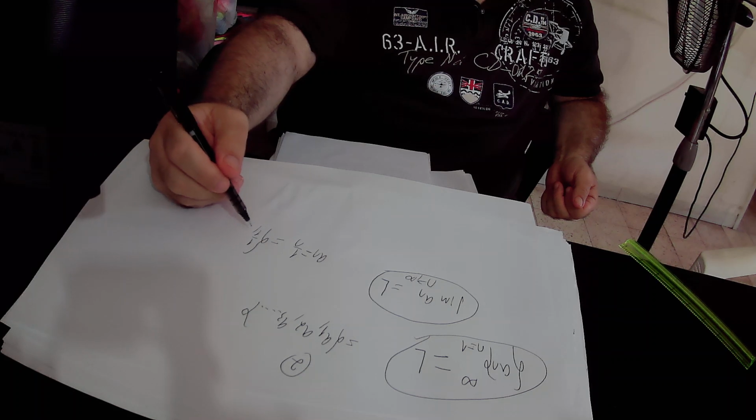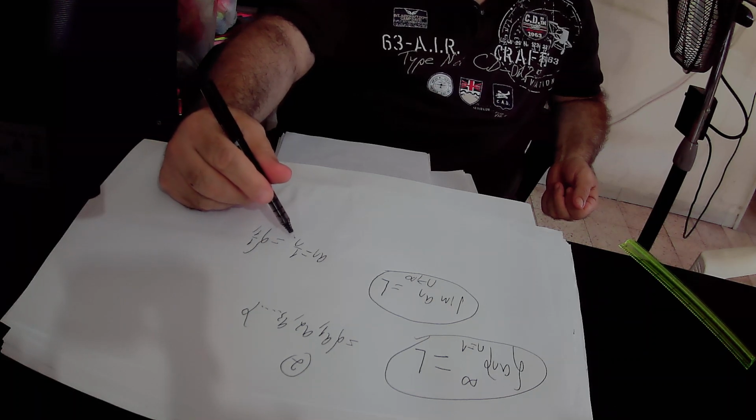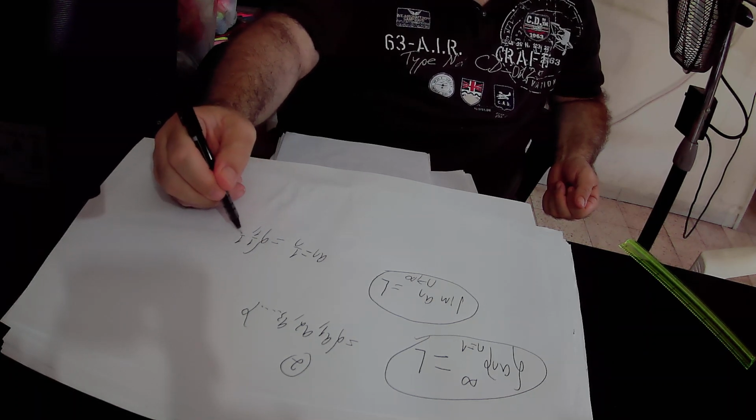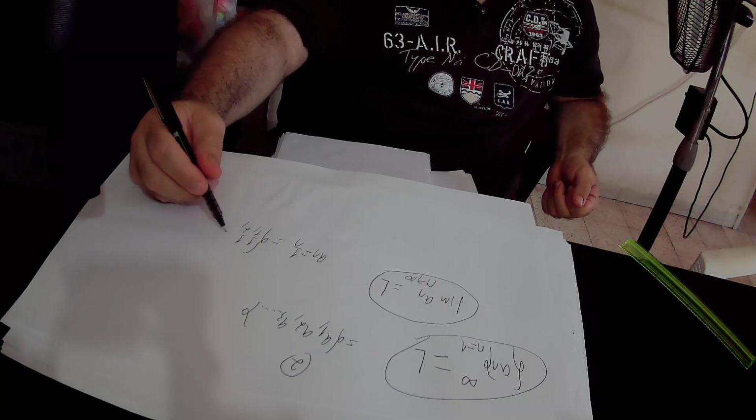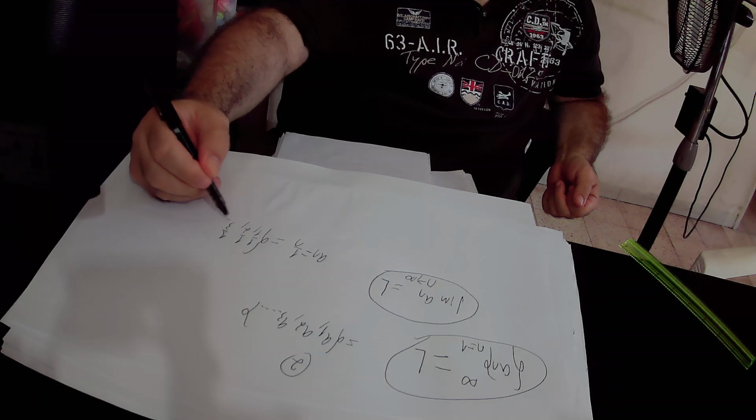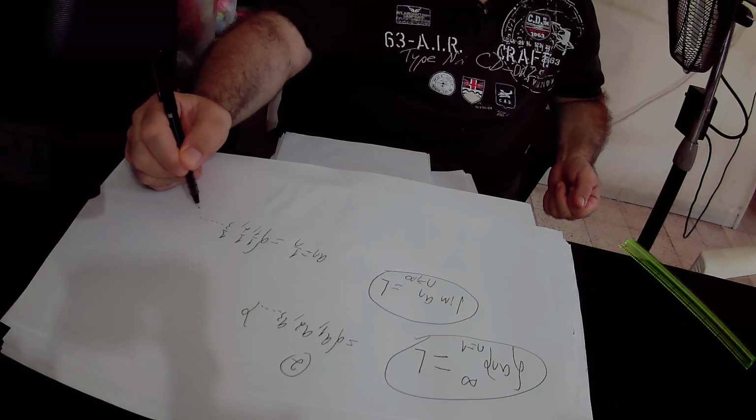The second member is when n equals 2, that is to say it is 1 over 2. The third member is when n equals 3, that is to say it is 1 over 3.